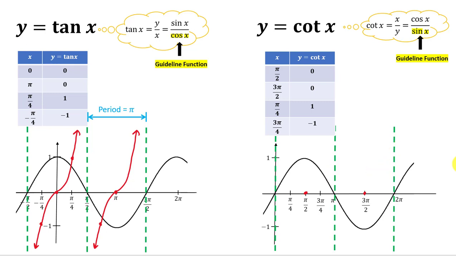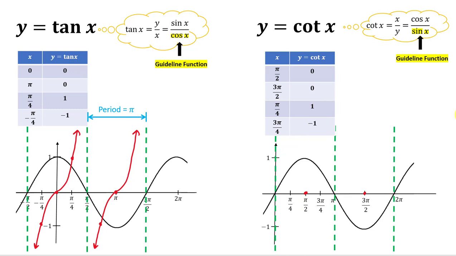That means that the branches of the cotangent function will cross the x-axis at those points, right in the middle between the asymptotes. And we can also see that if we split each half in half, so between 0 and pi over 2 we get pi over 4, and between pi over 2 and pi we get 3 pi over 4. At those x values, cotangent takes value 1 and negative 1 respectively.